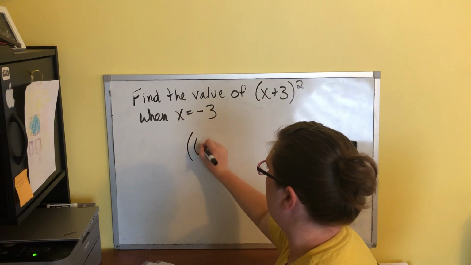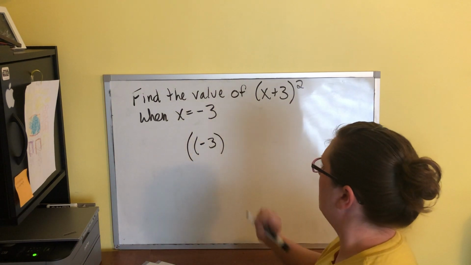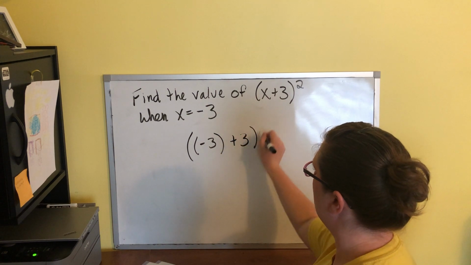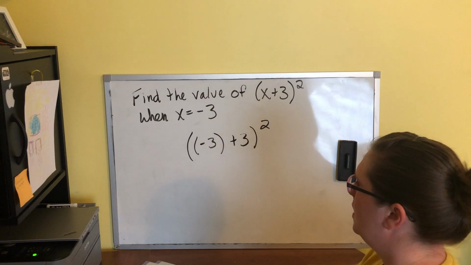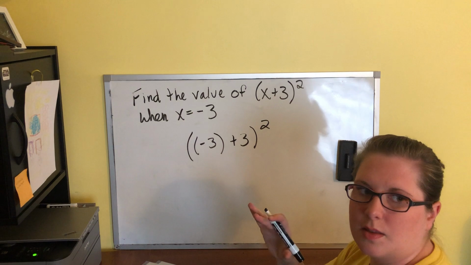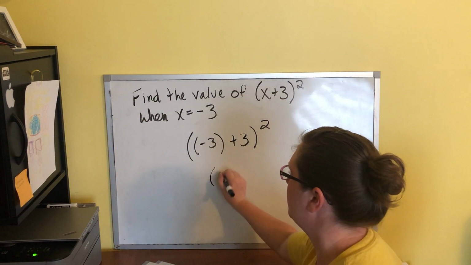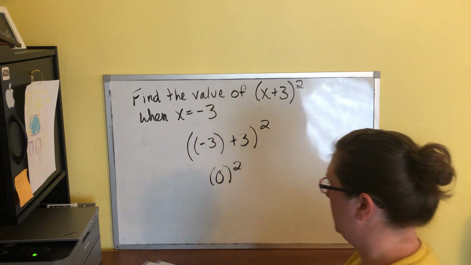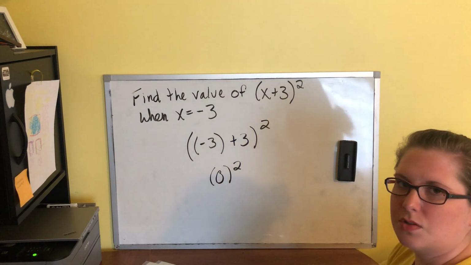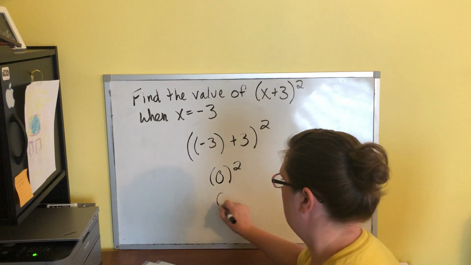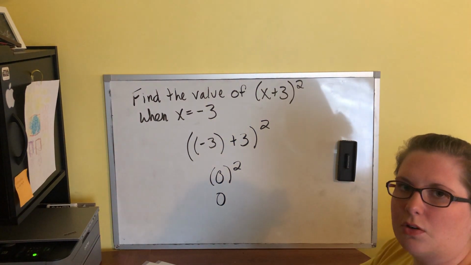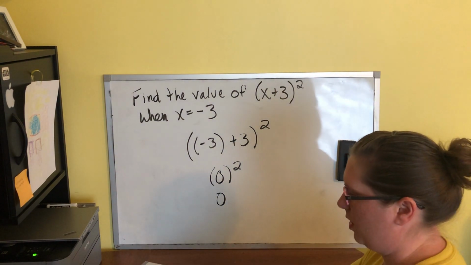So I have my parentheses, I'm going to go ahead and put the negative 3 in parentheses, plus 3 squared. So now we're handling inside the parentheses. Okay, that's first. So negative 3 plus 3 becomes 0. So now I have 0 squared. Well, 0 times 0 is just 0. Okay, so our answer for that problem is 0.